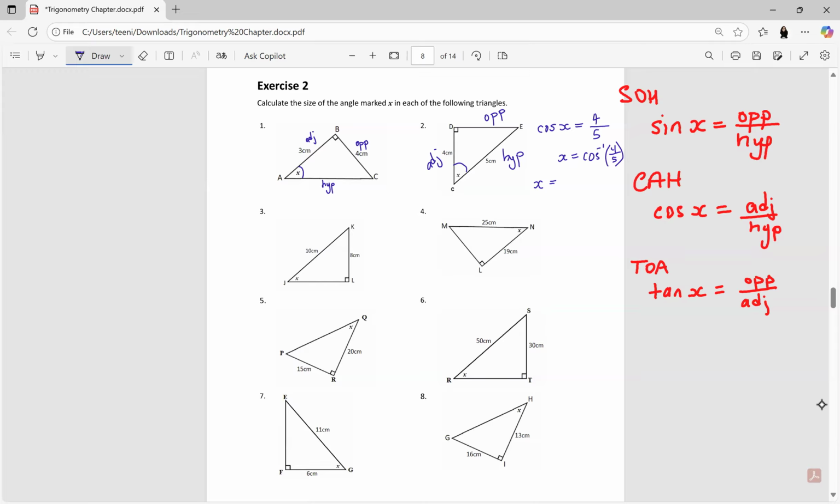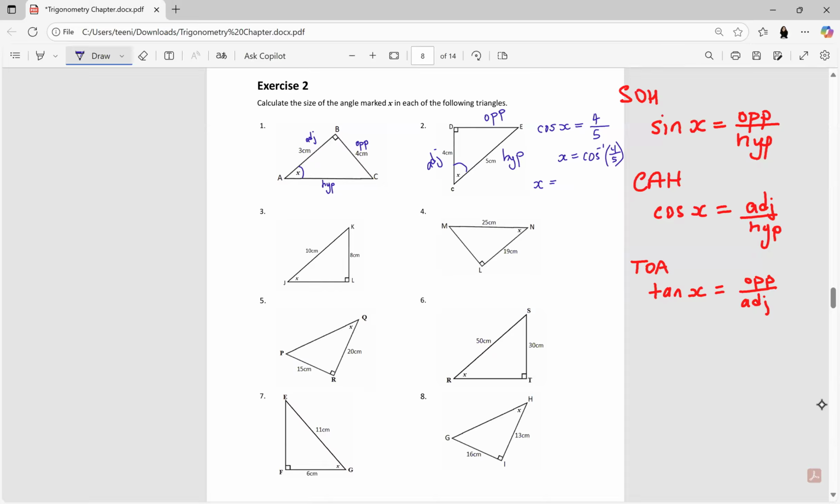Now, what you're going to do is press second function and cos to get cos inverse. You should see cos to the power of -1 come up on your screen. Good. Now we're looking for the cos inverse of 4/5.